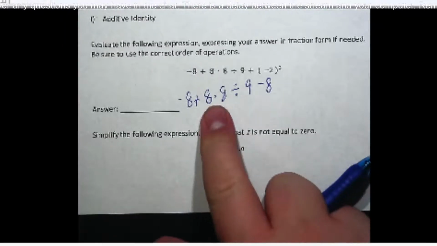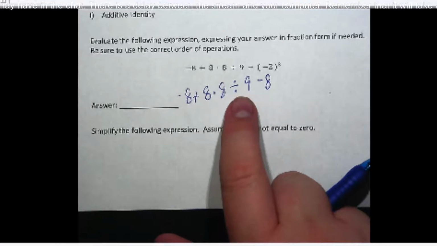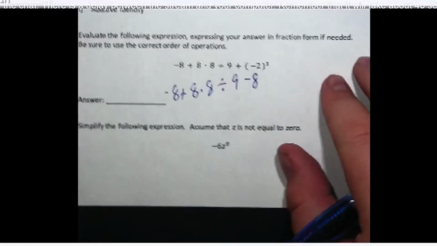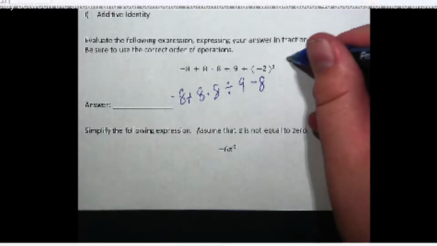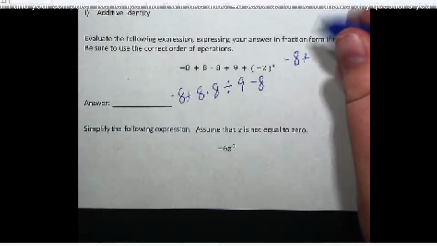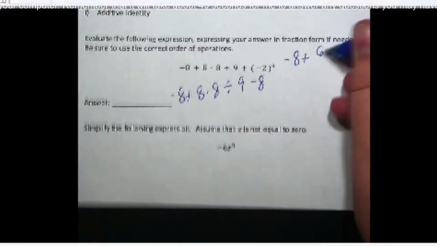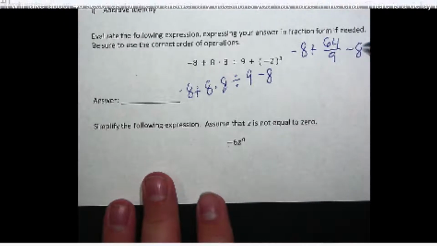So I'm going to multiply 8 times 8. It gives me 64. Divide by 9, so just put it over 9. And that'll be negative 8 plus 64 over 9 minus 8.